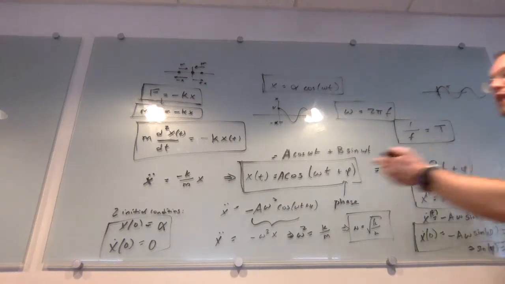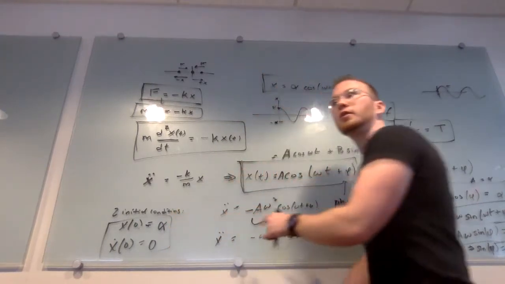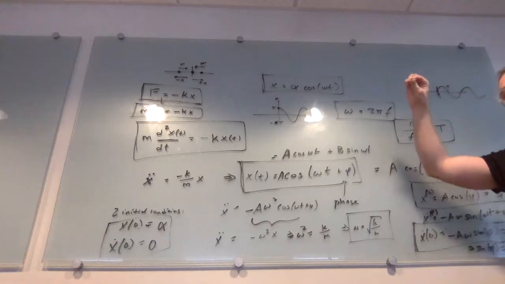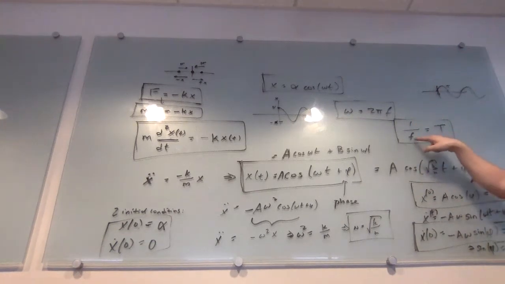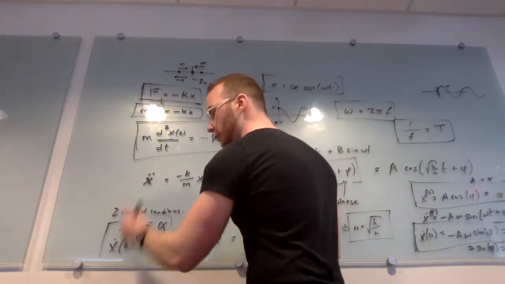But then let's say they said x at 1 second was also alpha. That could mean that it has a period of 1 second, right? As we saw, the period was 1 second. So that could tell us that it was at alpha, then it did something and it went back to alpha at that time. And that would be enough information for us to do all this again. It would just look a little different. But almost every time, they will give you x of 0 and x prime of 0.